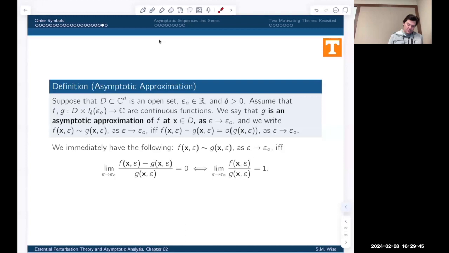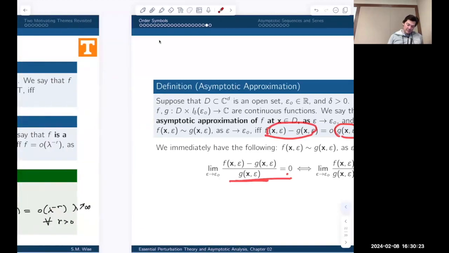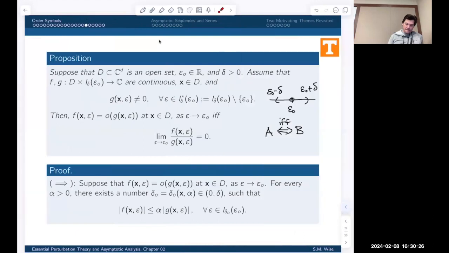So this guy is equal to 0, and why am I setting this equal to 0? Well, that's because F minus G has to be little o of G, and the only way that can be true, as long as G is not equal to 0, is if and only if this has limit 0. Whatever is over here divided by whatever is here, that quotient has to be 0.